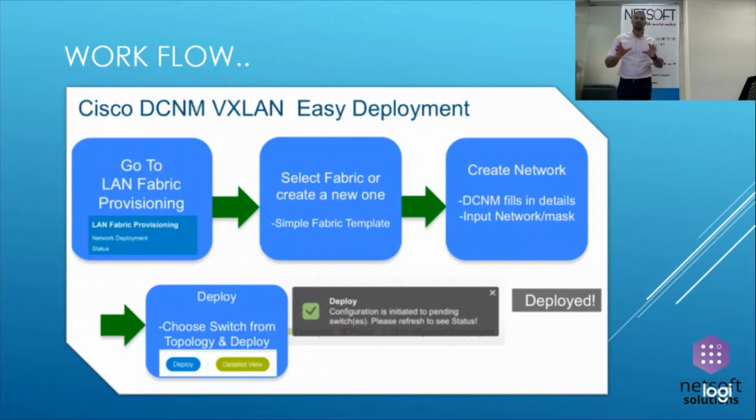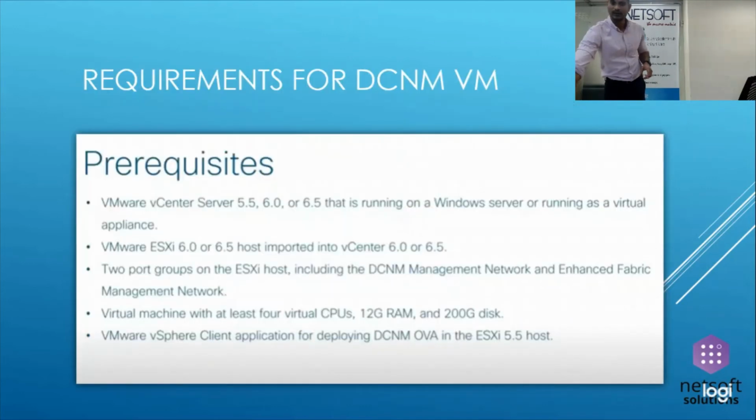Then once you have provisioned a fabric, created a fabric and created a network, deploy that network with a single button deploy. It will take a little bit of time, and then it will give you a great topology of what we have created.